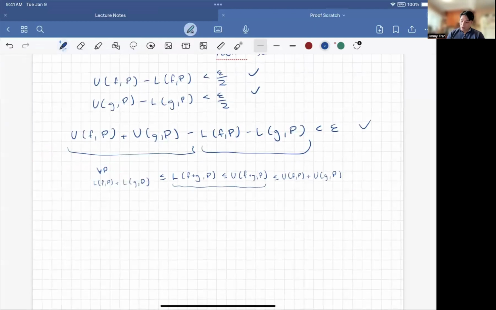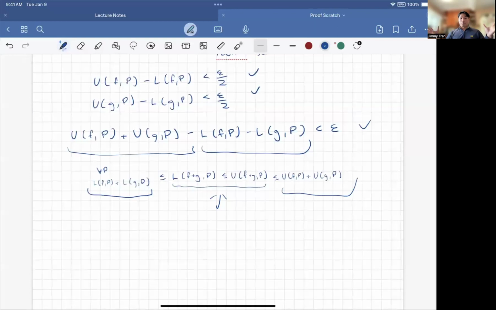So what that means now is that this term in the middle here would now be squeezed between this epsilon as well. And so given that these values are squeezed together, we can definitively say that since these two inequalities on the left-hand side and the right-hand side are less than epsilon, the difference between the two quantities in the middle is also less than epsilon.